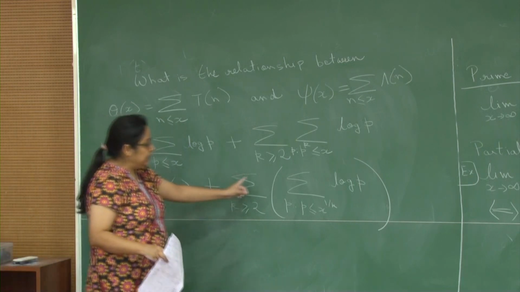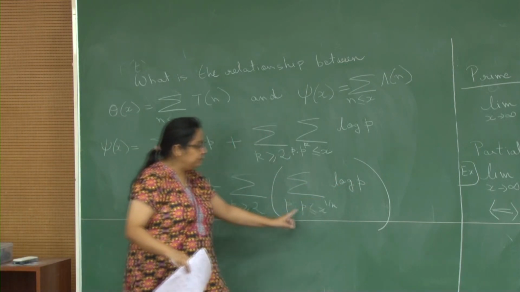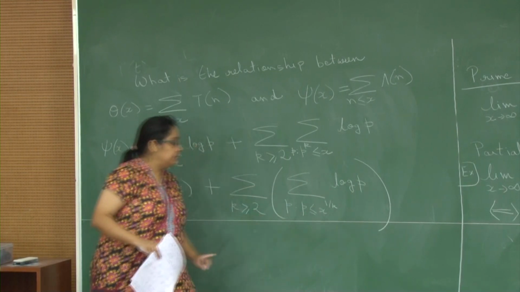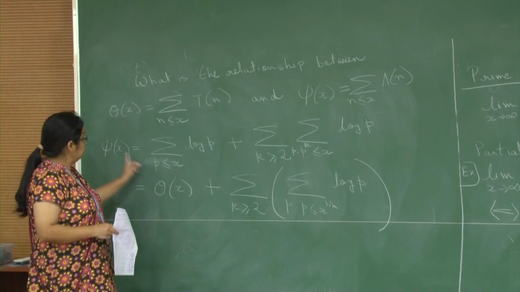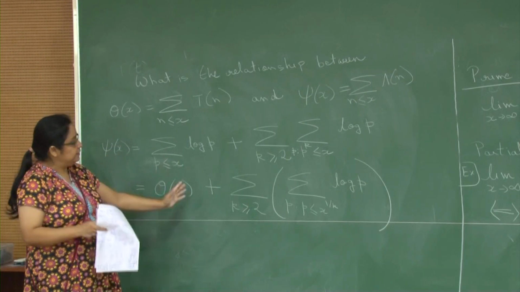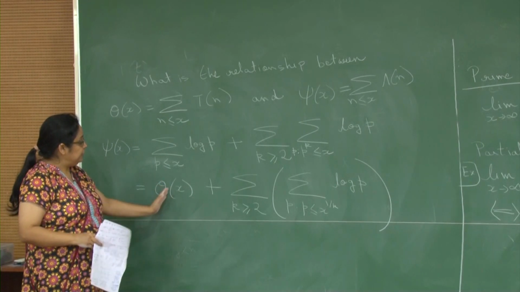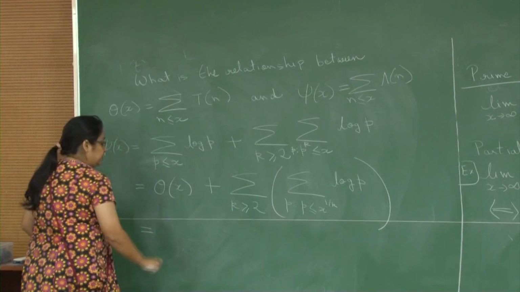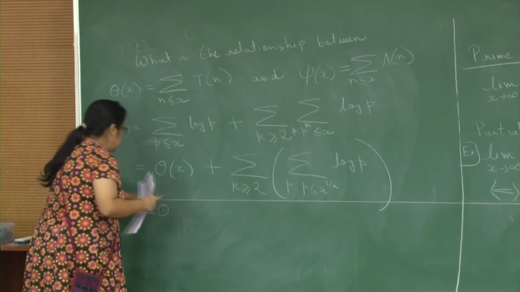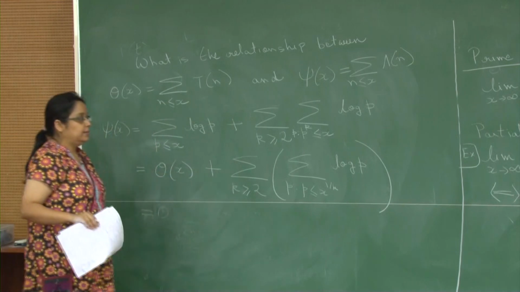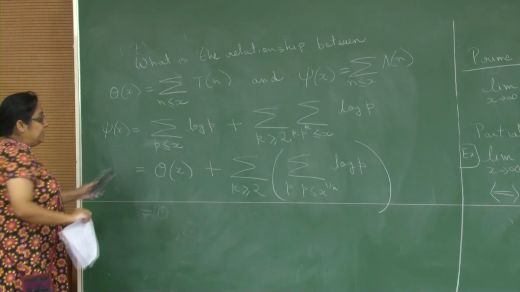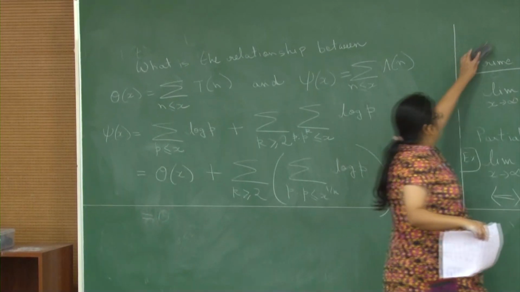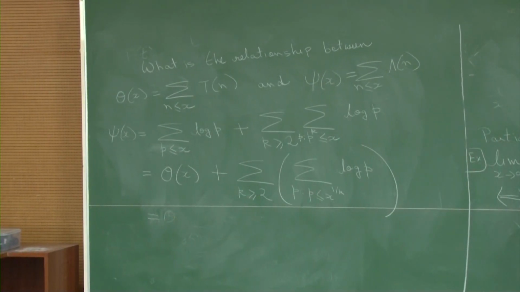So, this sum is also a theta function in disguise, except that this is theta of x raised to the 1 by k. So, this psi of x can be written as a combination of certain values of the theta function. And now, this is equal to theta of x plus this part. I am just going to focus on this part. The idea is to check that this is actually negligible. It does not create any trouble for us.